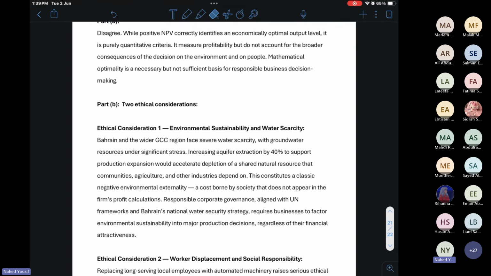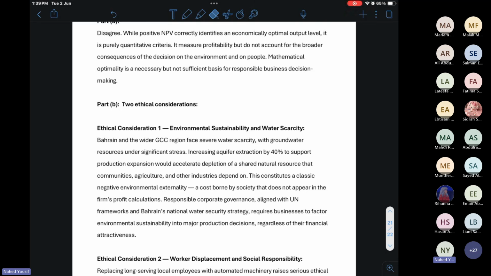The two considerations, for example, are environmental sustainability and water security. He explained that in Bahrain and the GCC, we are suffering from a lack of groundwater. We don't have enough water, and by implementing this expansion we will put more stress on these resources, which will affect and harm the environment, and will cause a lot of disease.